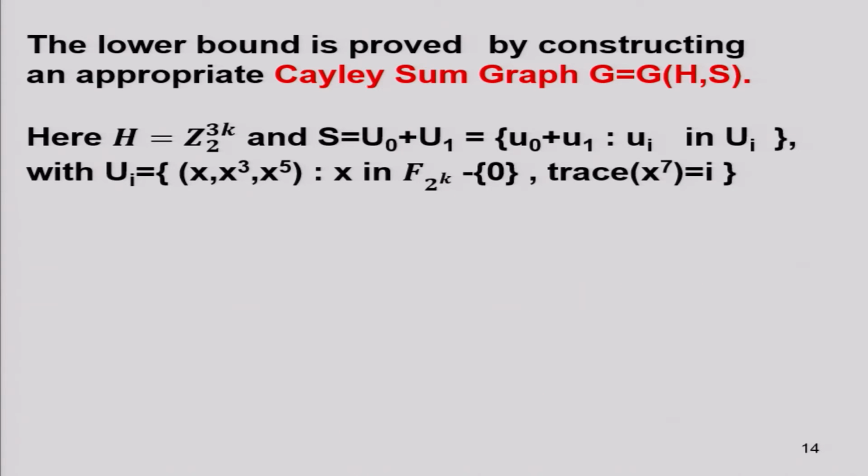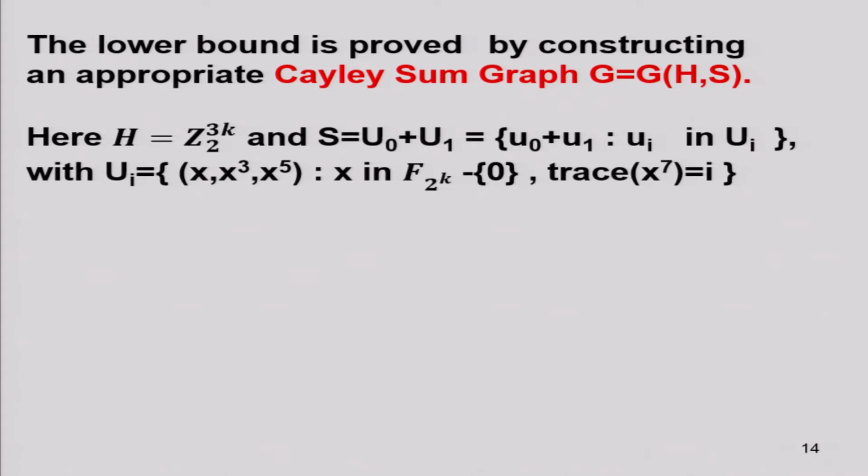And the example is that you take all the sums of a little u0 plus little u1, where little ui is in capital Ui, where the sets U0 and U1 are defined as written there. So you can think about the finite field with 2 to the k elements. You can represent it by binary vectors of length k, just coefficients of polynomials, if you represent the field as polynomials modulo some irreducible polynomial.